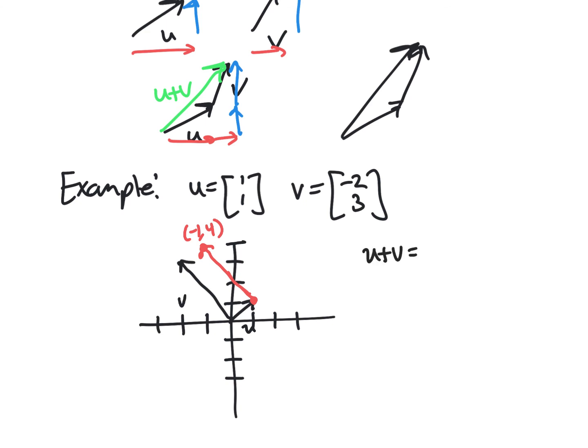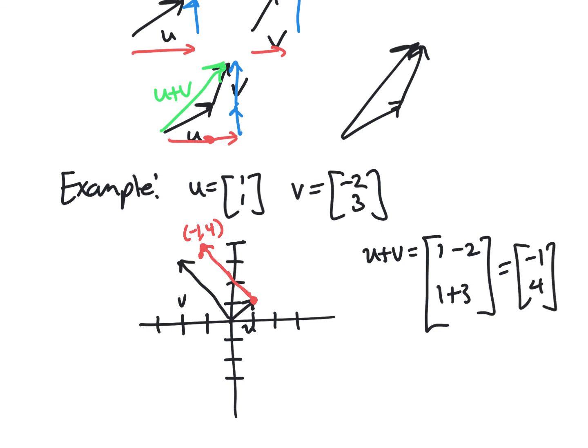So again, the vector U plus V says I should add them in each coordinate. So I should do 1 plus -2, or 1 minus 2, and 1 plus 3, and that is exactly -1, 4, which is what we see. Right, so the actual vector here would be drawn in blue from the origin up to -1, 4, completing that diagonal from where U and then V concatenate.